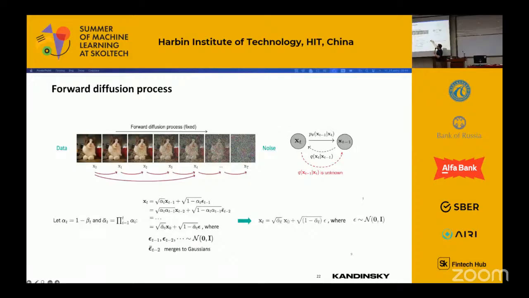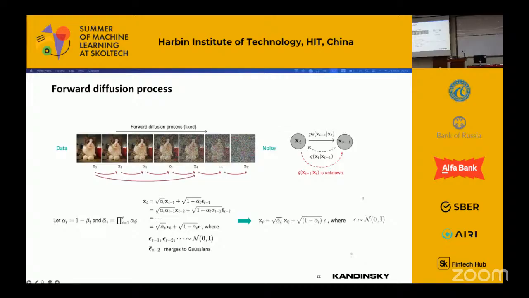If you have Gaussian noise, you can write the equation of how to obtain the next step, for example x2 from x1. You have a sequence of coefficients, and the idea is that you add a small amount of noise and multiply the initial image, for example x1, by some coefficient less than 1. Step by step, you approach the standard normal Gaussian distribution, Gaussian noise.